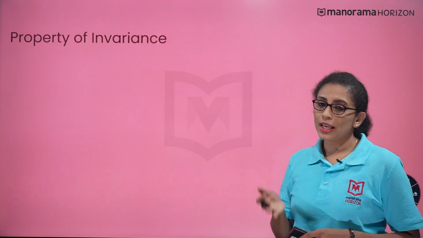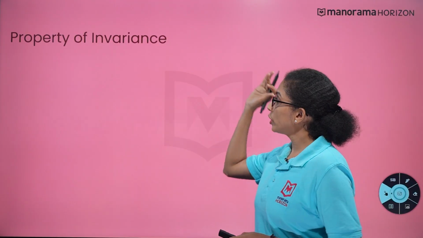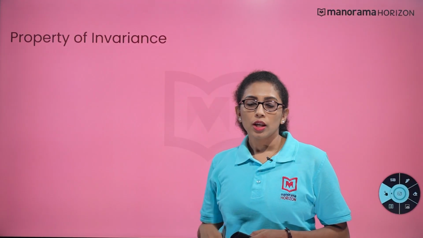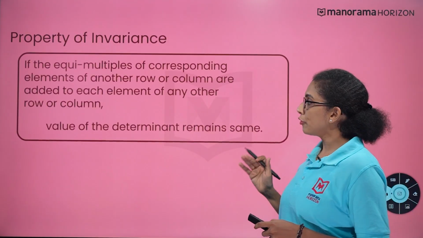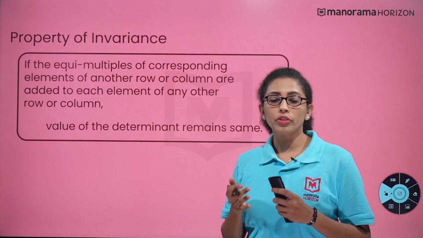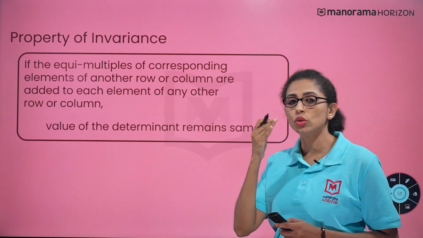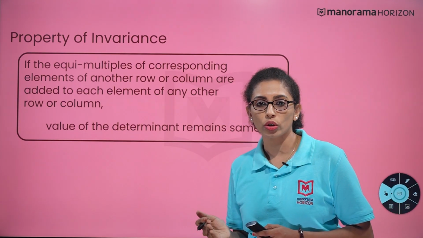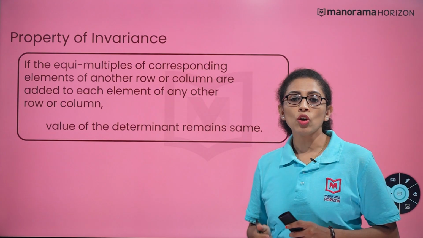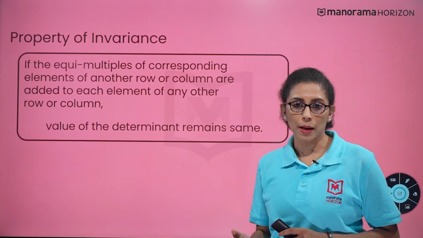Alright. Now, coming to the last property, that is property of invariance. The property states that if the equimultiples of corresponding elements of other rows or columns are added to each element of any other row or column, then the value of the determinant remains the same.